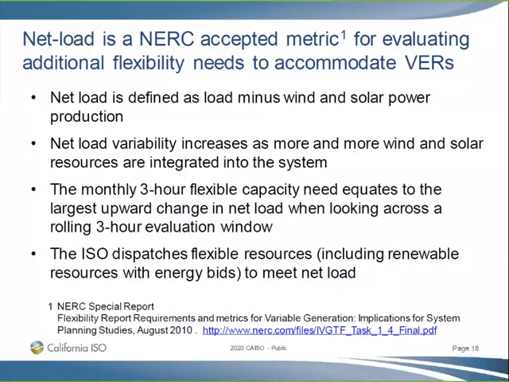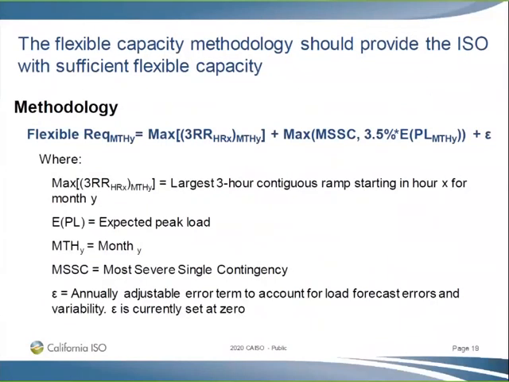So slide 19. Slide 19 shows that we take the 3-hour ramps, and the next step is calculating flexible capacity. The flexible capacity is a straightforward calculation where you look at the maximum 3-hour ramp for that month, and then you add either your most severe single contingency or 3.5% of your expected peak load demand.